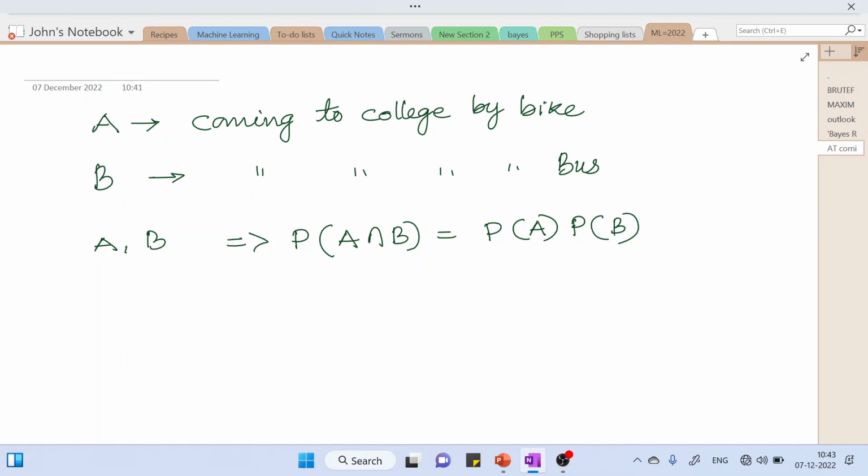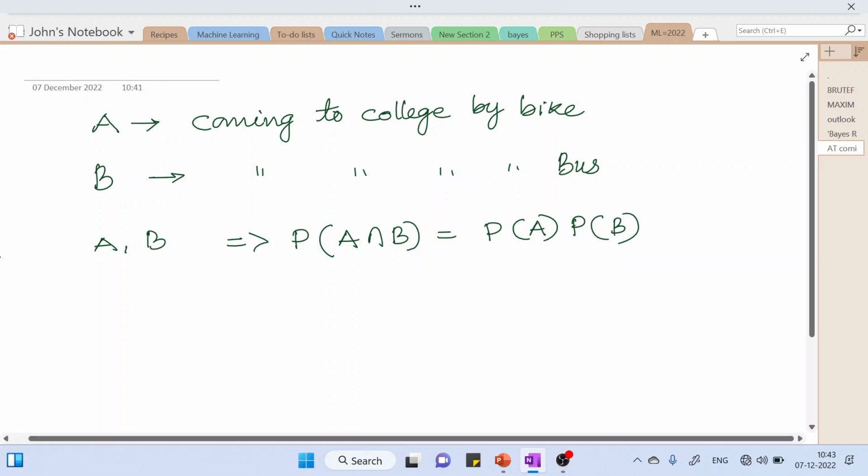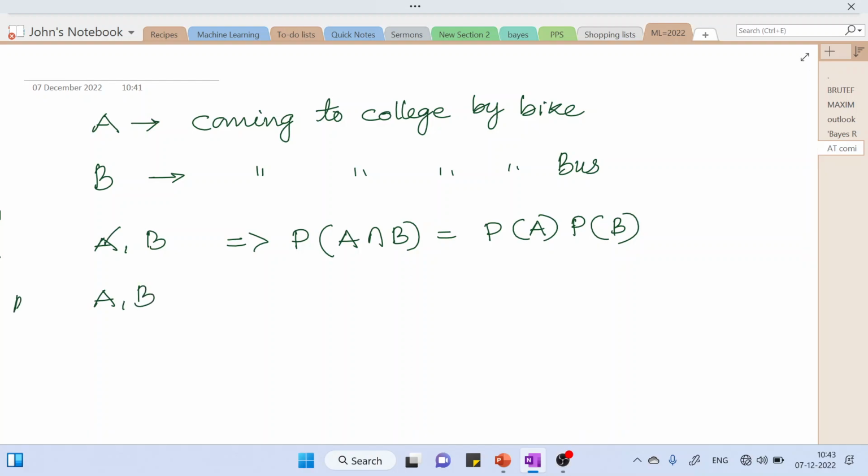But both A and B are dependent on one other event, C. Maybe what is C? Traffic jam, maybe due to some political rally or some accident.